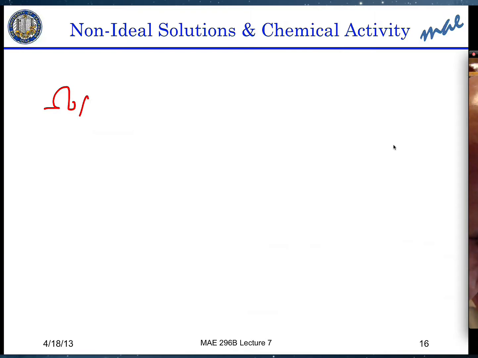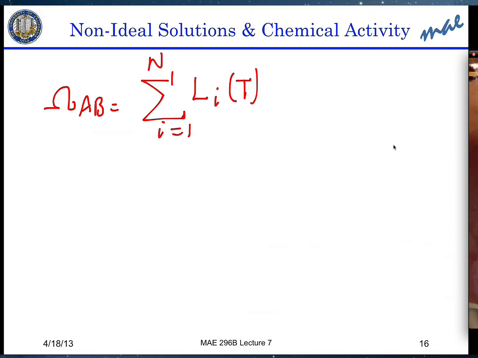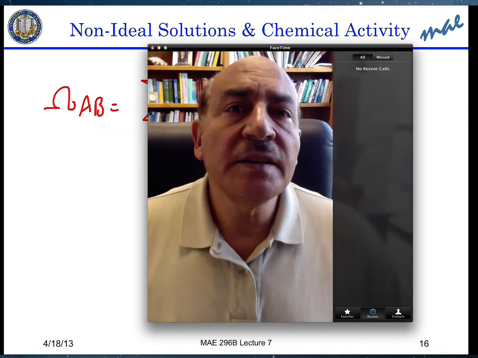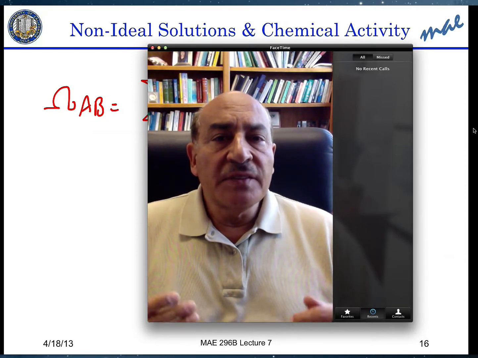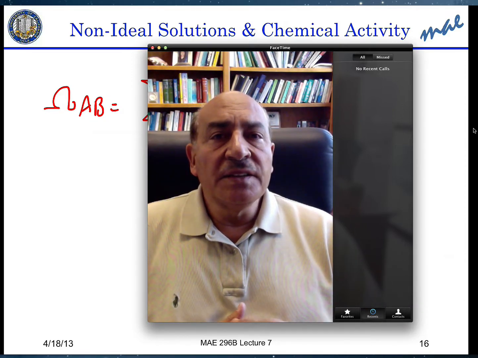So omega_AB is usually written as a polynomial from 1 to n of coefficients that depend on the temperature times the concentration of one of them raised to the power i, etc. These are all thermodynamic properties from which we are able to calculate the excess Gibbs free energy and hence the activities.